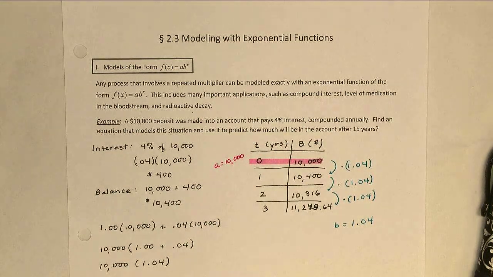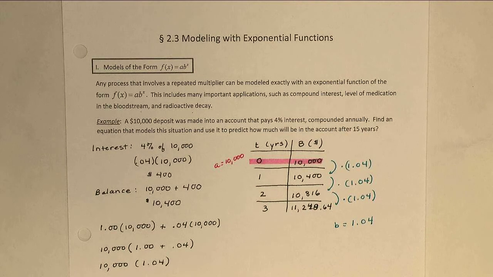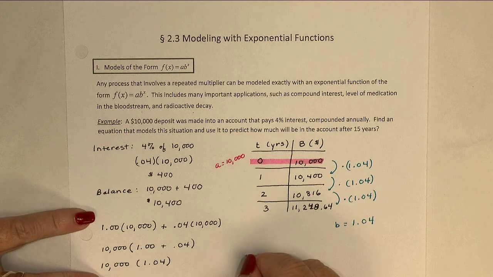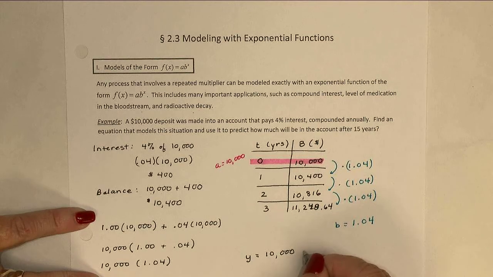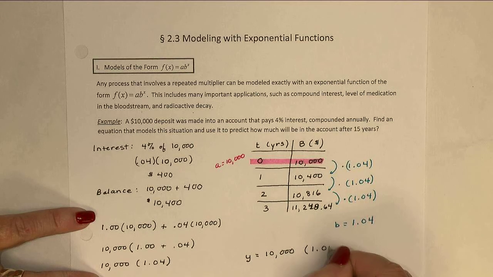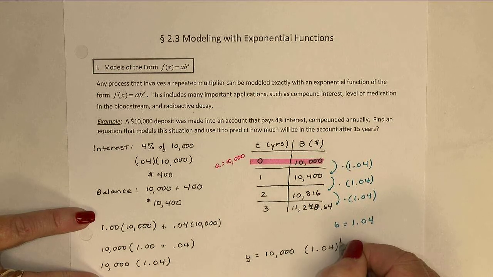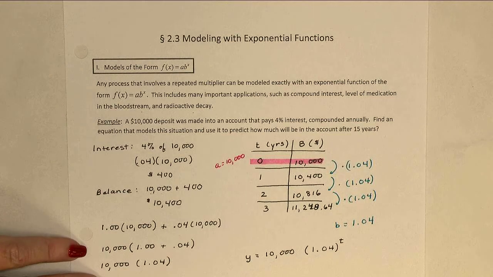And let's see, normally we would write y equals the a, which is 10,000, times the b, 1.04, to the x.